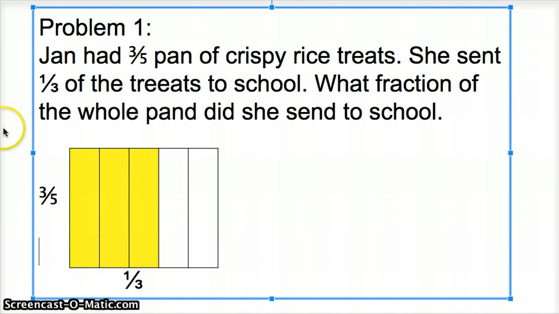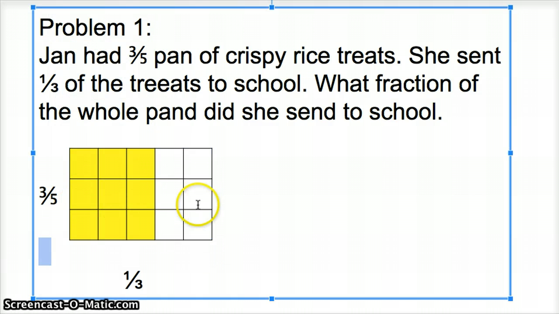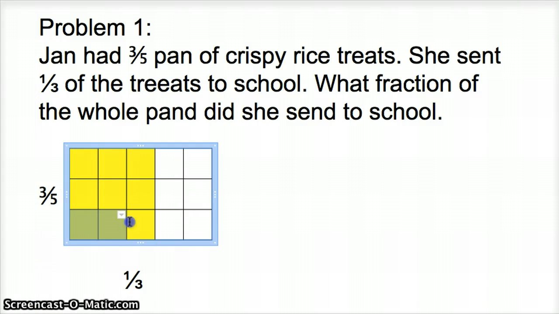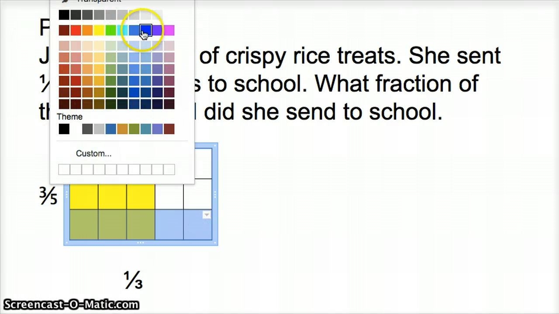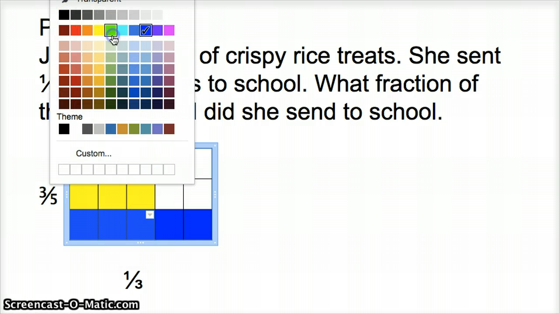Now I need to split this whole rectangle into thirds. I do that by drawing 2 lines going across that way. So I should still have my 3/5 on there, but then I drew the 2 lines to get my thirds. And this whole thing is 1/3, I'm going to make that blue, but then I'm going to take these 3, and since yellow and blue make green, I'm going to make that green.